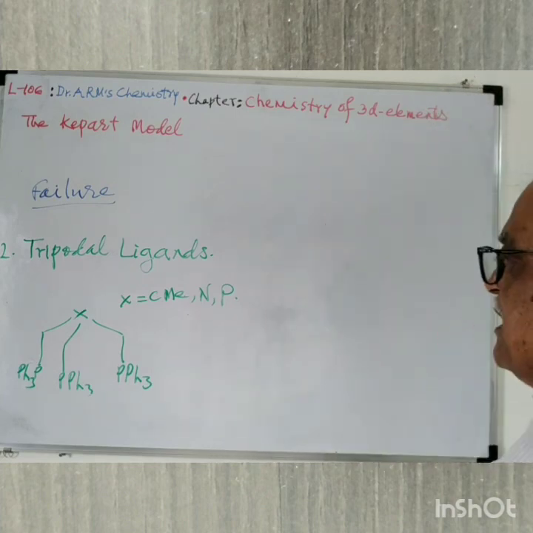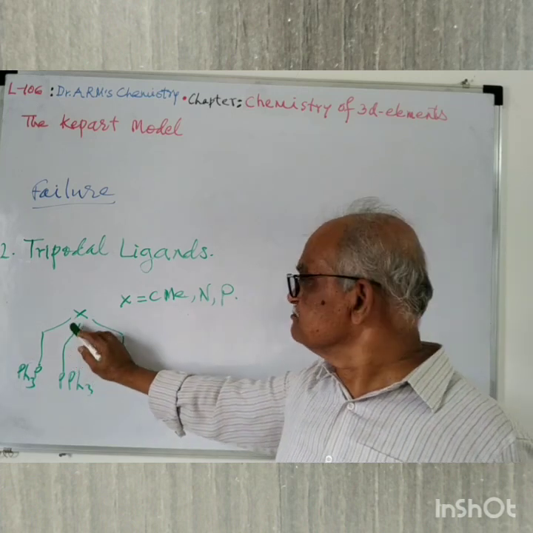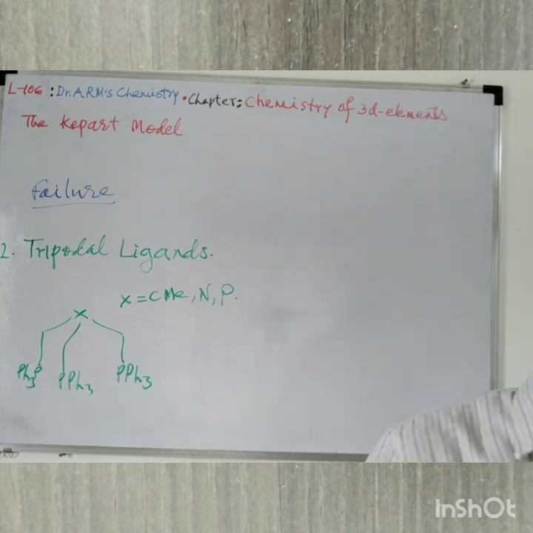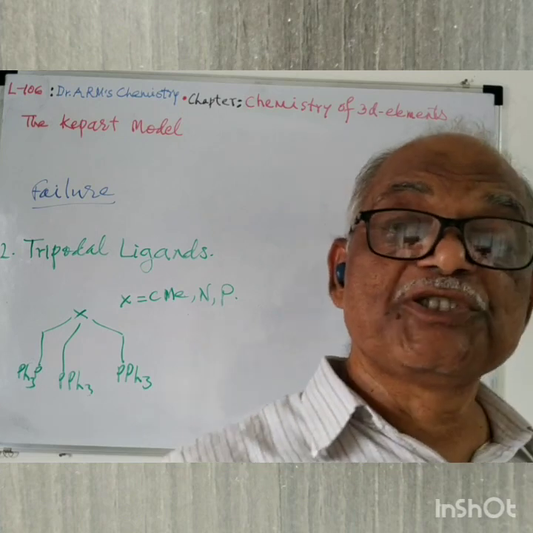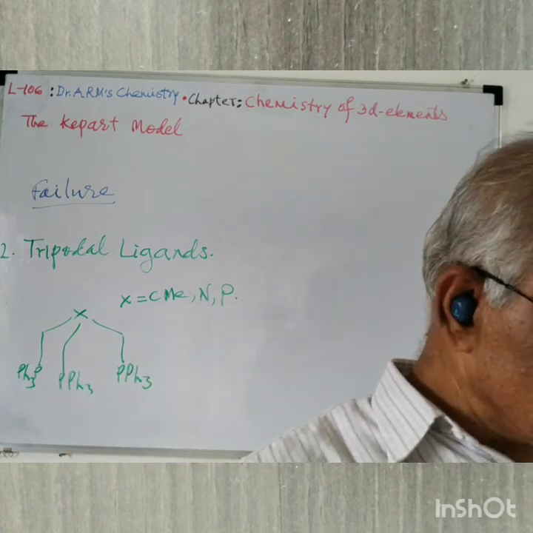According to Kepert's model, the expected position is not taken by this X because it is not flexible. The position is fixed. So this is the second.